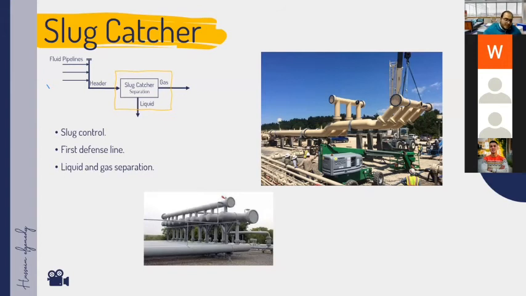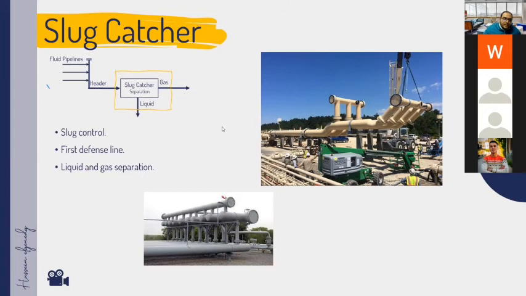So when we are separating gas from liquid, we have to use something like that, especially when we expect different amounts of liquids changing from time to time, and especially when the sea lines or the fluid pipelines are far from the plant.